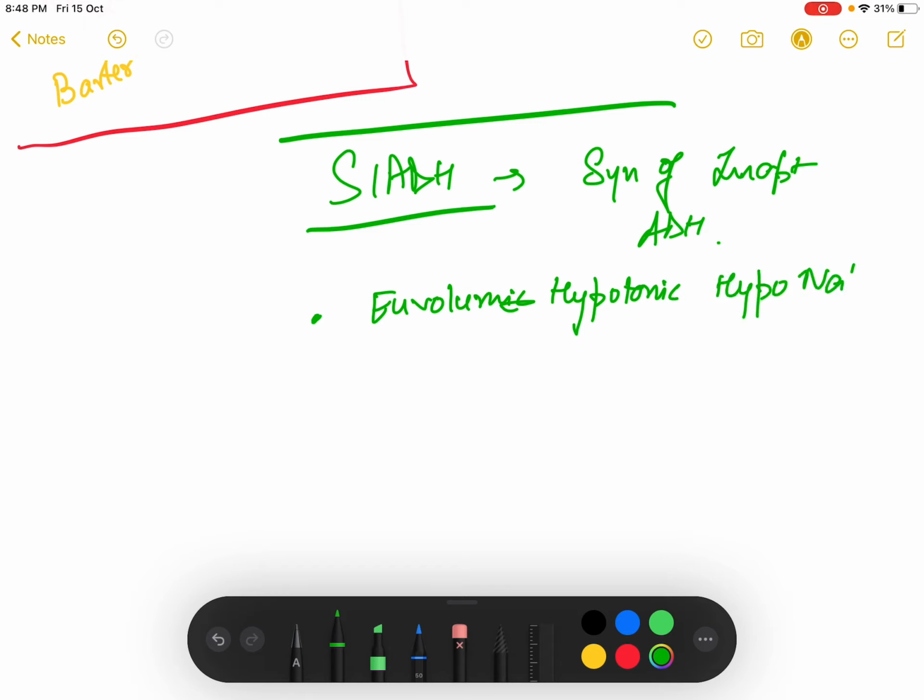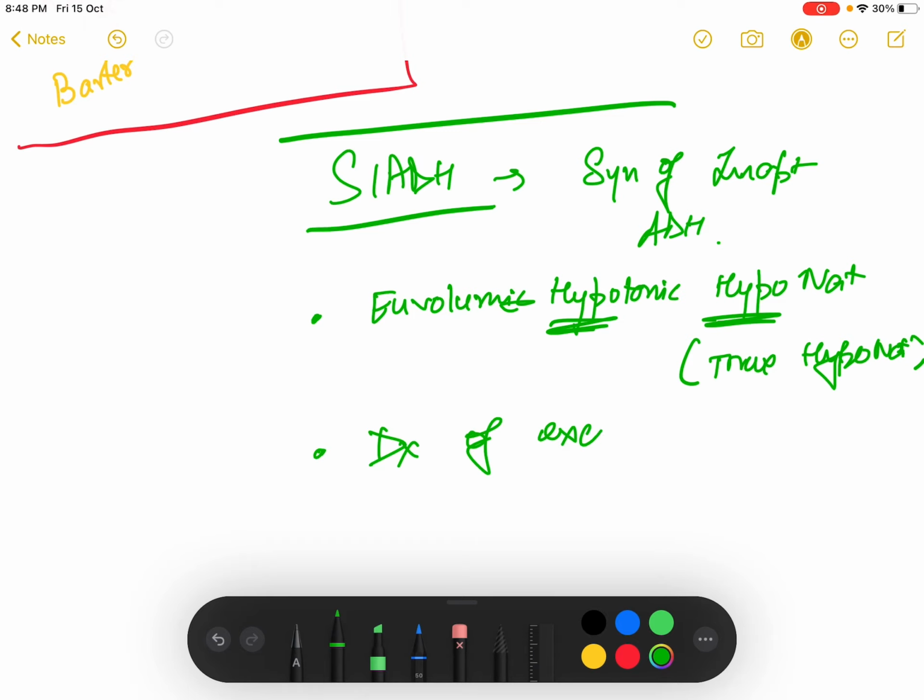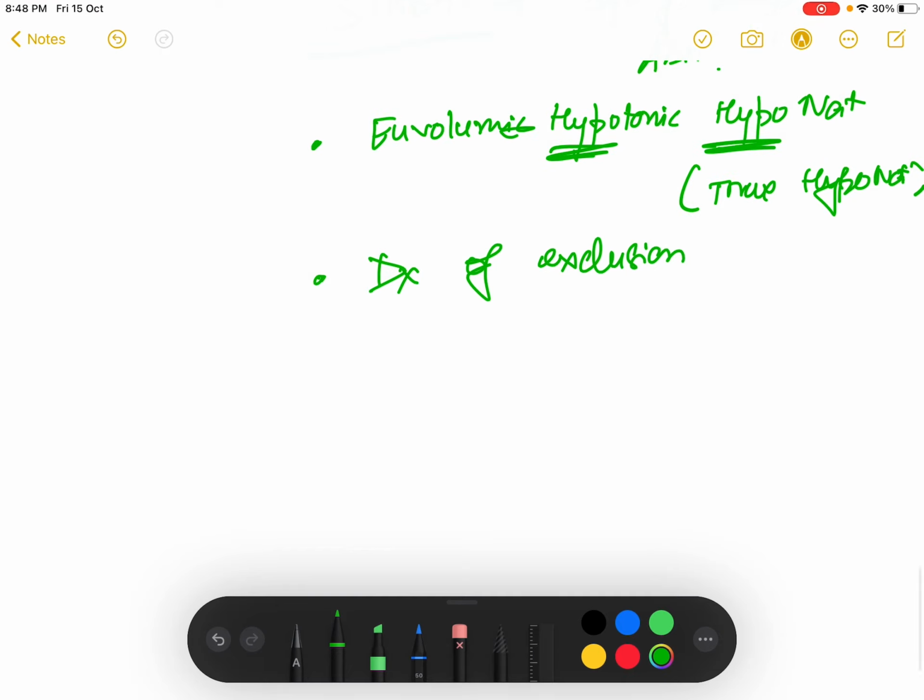Since it's a hypotonic, it is a true hyponatremia, and this is always a diagnosis of exclusion. Once you have excluded, ruled out all other causes, then only you will make a diagnosis of SIADH.